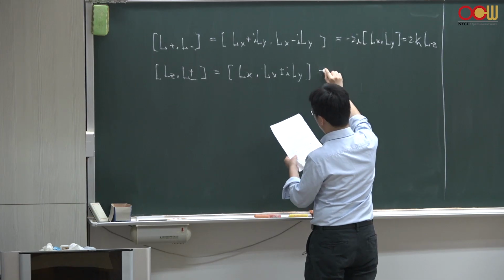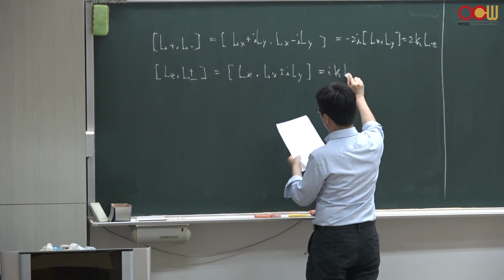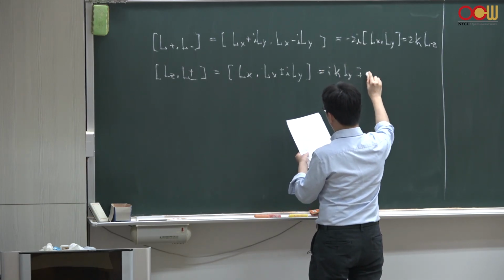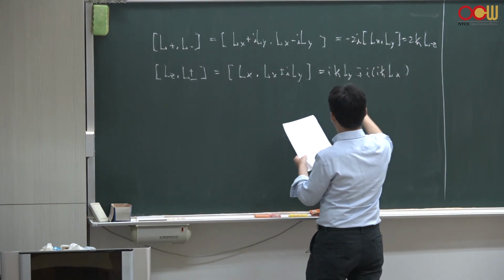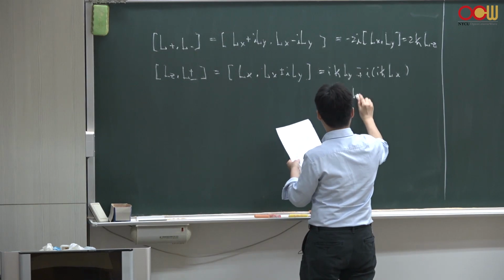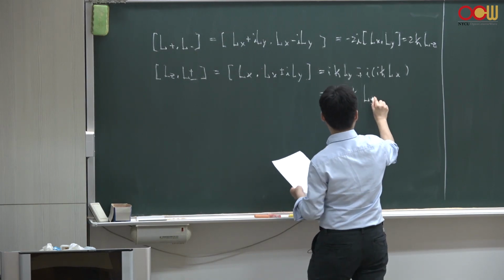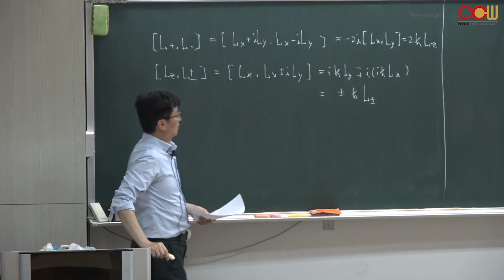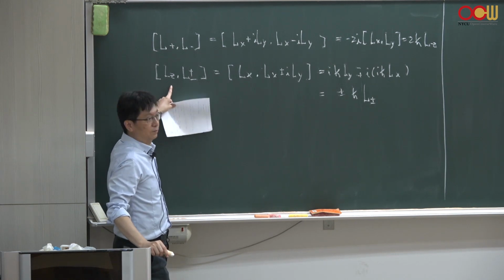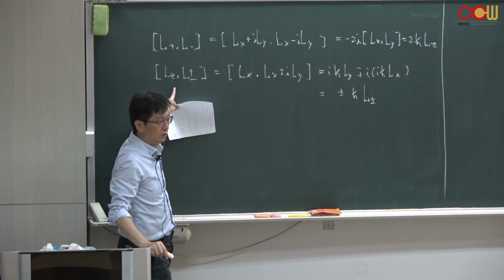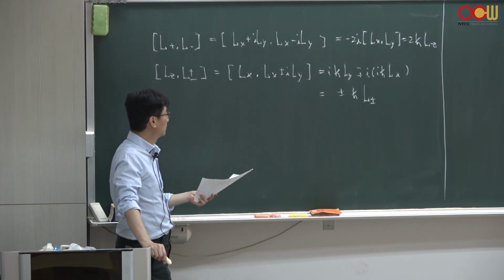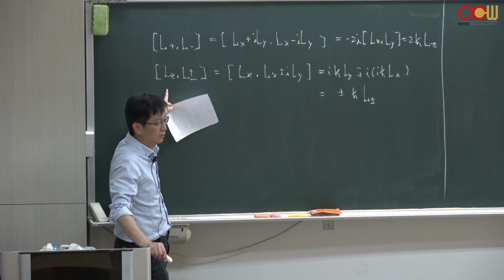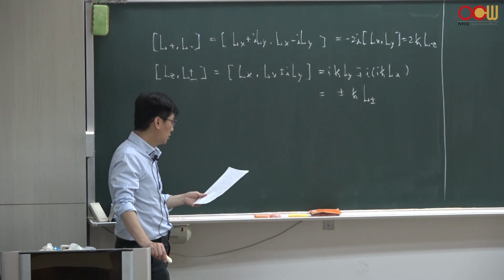So this is given by i h bar Ly, minus or plus, i times i h bar Lx, which is plus or minus h bar L plus minus. This is very important for us to show that L plus is indeed the raising operator and L minus the lowering operator, because of this commutation relation. We will see that in just a moment.